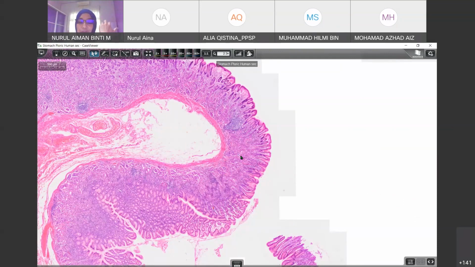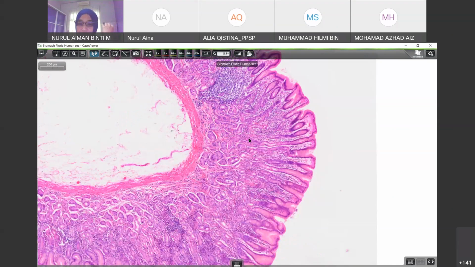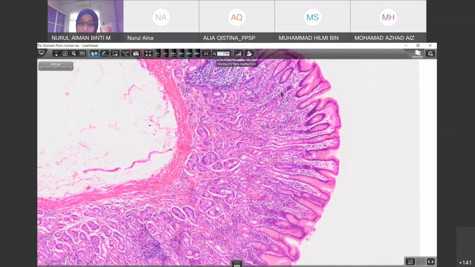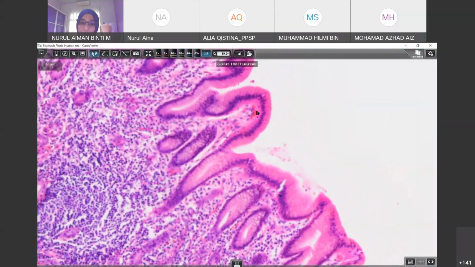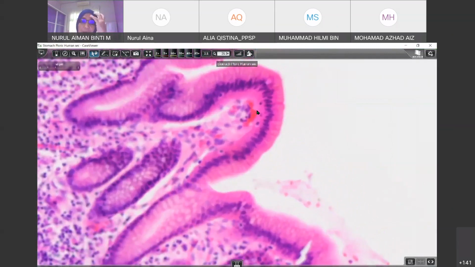The layers of the epithelium have different functions, either to secrete hydrochloric acid, or to absorb. But that is what you are going to learn inside the gastrointestinal system. What you have to focus on now is only the type of epithelium inside the stomach.